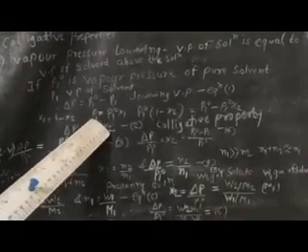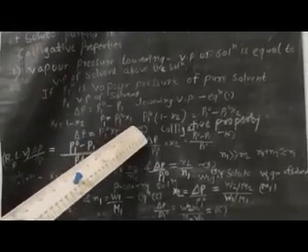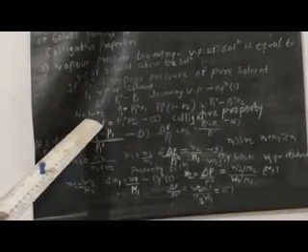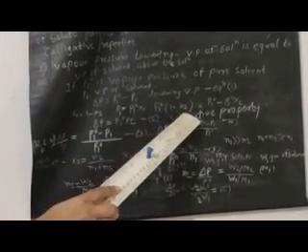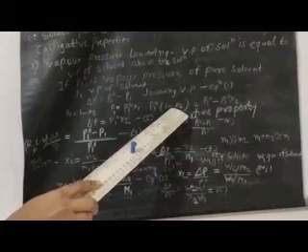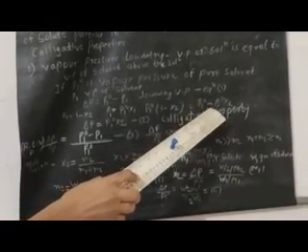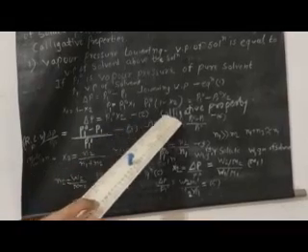According to Raoult's law, P1 is equal to P1⁰ x1. Since x1 plus x2 is equal to 1, x1 is equal to 1 minus x2. Putting this value of x1, the equation becomes P1⁰(1 minus x2), which is P1⁰ minus P1⁰ x2. So equation 2 is delta P, the change in pressure, equal to P1⁰ x2, which is the colligative property.